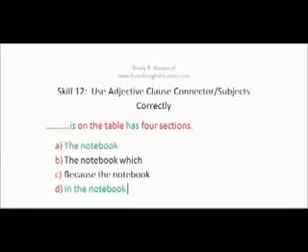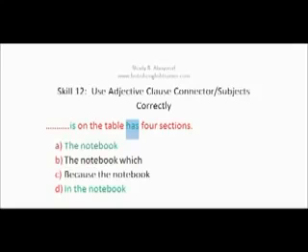Number 1, because we studied that before, because there's a connector. When it comes in the beginning, we need to have a comma in the middle, and we don't have a comma here, so that's why we can't take it. Another reason, if I'm going to say because the notebook is on the table, so I need another subject for the verb has. This verb needs a subject in this case.